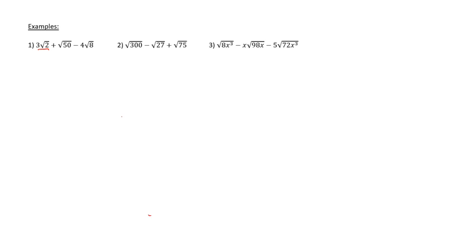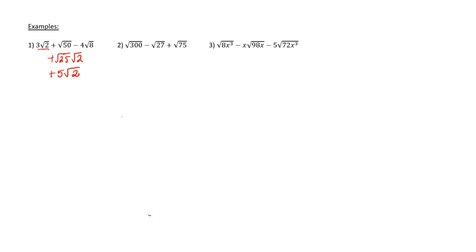So we have the square root of 50. Now I know that's not simplified because it's divisible by 25, and it goes in there twice. The square root of 25 is 5, and I get 5 square roots of 2 when I simplify that one. Let's look at the next term.